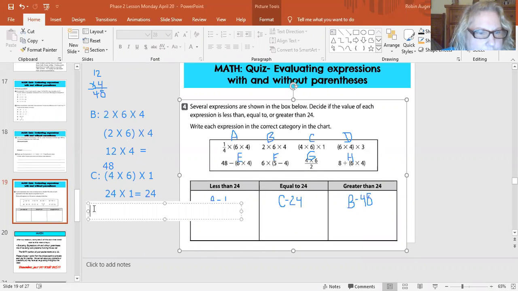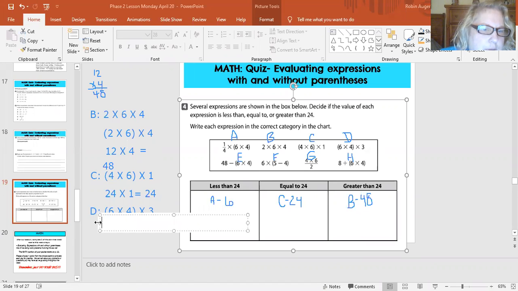So D, parentheses 6 times 4, close parentheses, times 3. Okay, and we already said we know that 6 times 4 is, solving those parentheses, 24. Bring down what we haven't used yet, times 3.